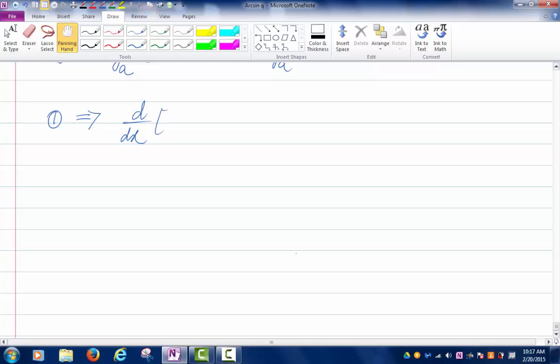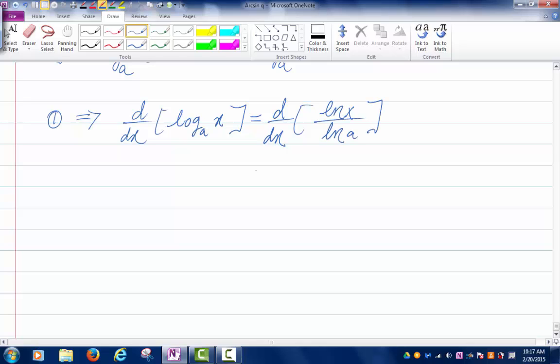But what I'm going to do is use number 1, which says that log base a of x is the same as ln of x over ln of a.